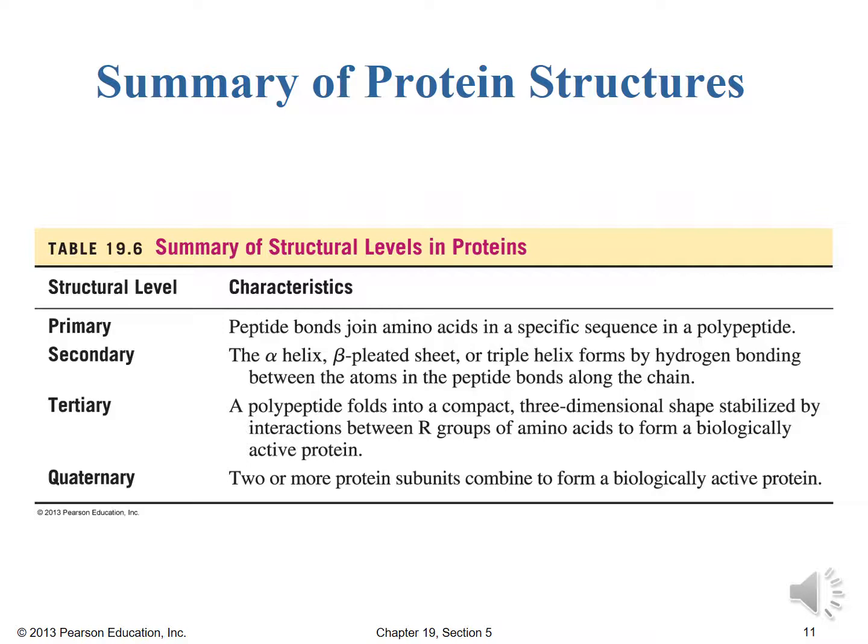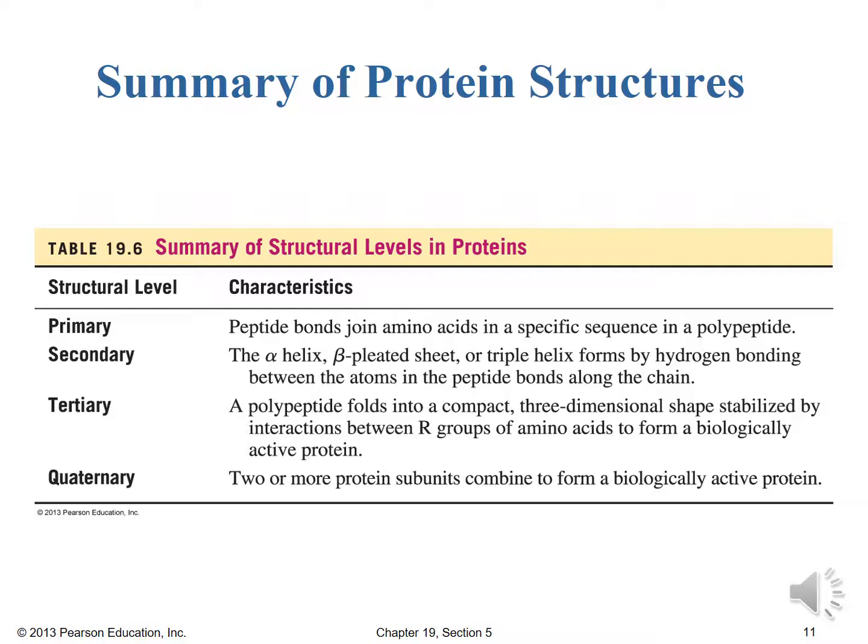It didn't tell us necessarily which residues were critical for the function of that protein. The secondary structure gives us information about things like the alpha helix, beta pleated sheet, or triple helix that can form by hydrogen bonding between the atoms in the peptide bond along the chain. So really we're looking at those peptide bonds. We're not looking so much at the side chain at this point.